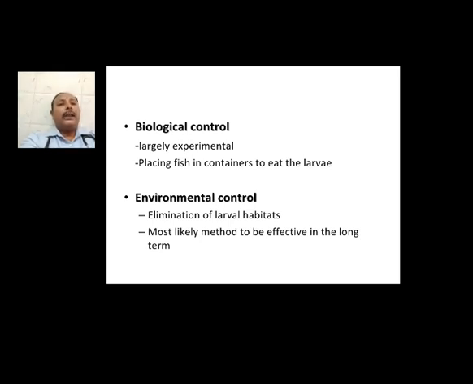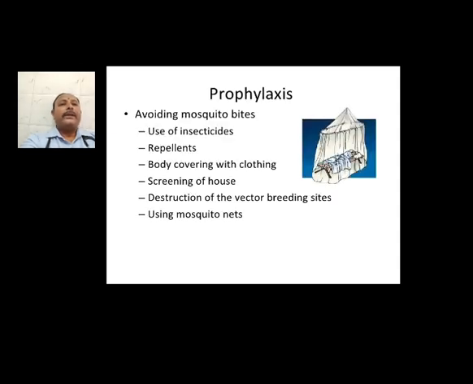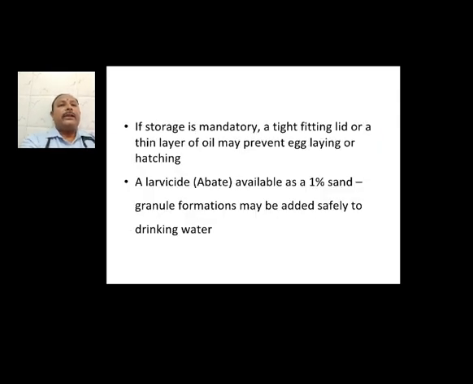Environmental control, elimination of larval habitats, is the method most likely to be effective in the long term. Prophylaxis: avoiding mosquito bites, use of insecticides, mosquito repellents, body covering with clothing, screening of house, destruction of the vector breeding sites, and using mosquito nets.